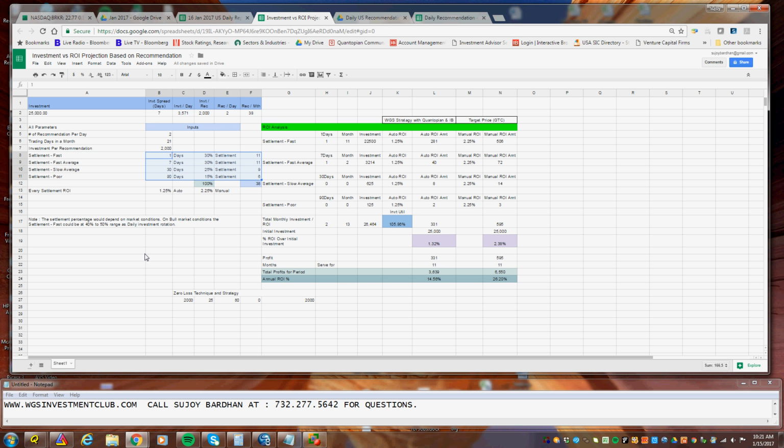But this scenario, as I have said, in bull market conditions, bear market conditions, or average market conditions, it has been seen that 30% of the stocks settle within 0 to 1 day. But as the market gets bullish, this percentage can even go up to 40 to 50%. So it's phenomenal ROI capability when the markets are very bullish.